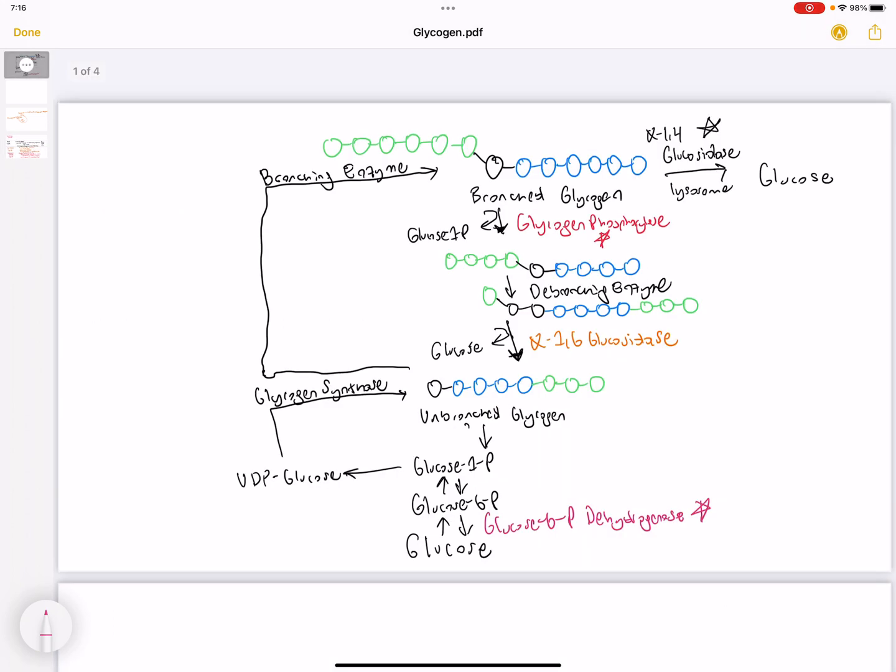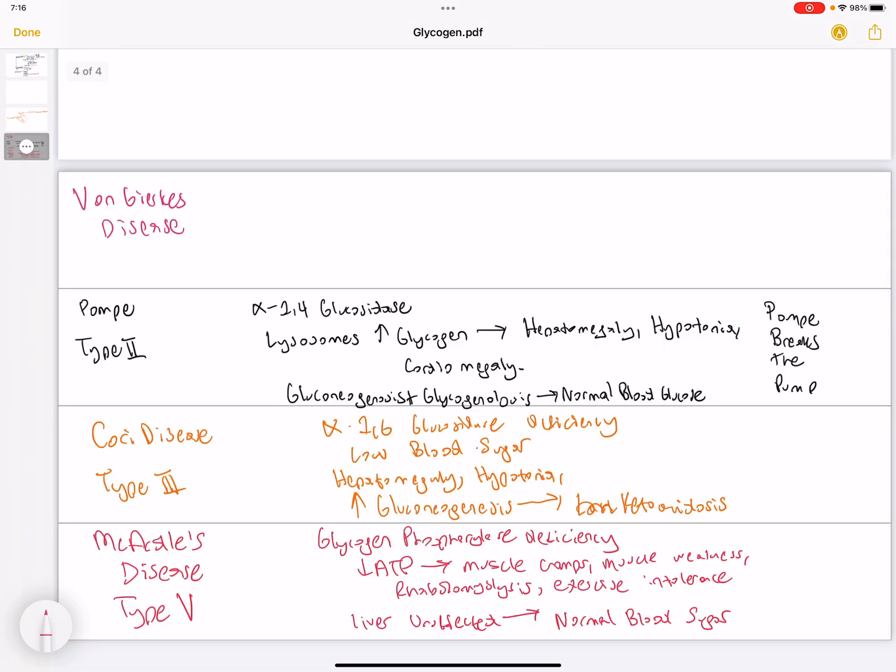Now this step is the last step for both glycogenolysis as well as gluconeogenesis. And if there is a deficiency in this enzyme, then as you might imagine, there will be a hypoglycemic episode for patients who have that deficiency. So that will result in hypoglycemia, due to liver not being able to release glucose into the blood.